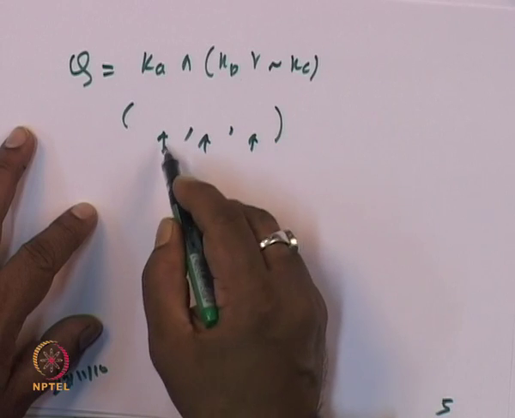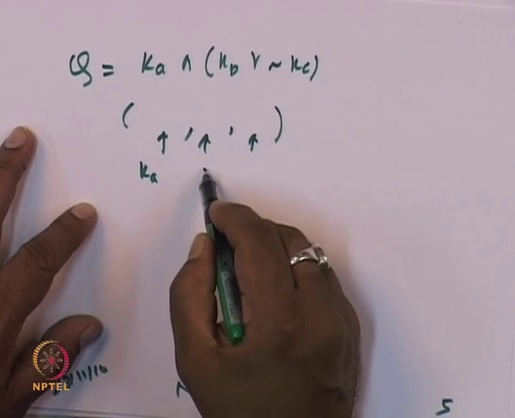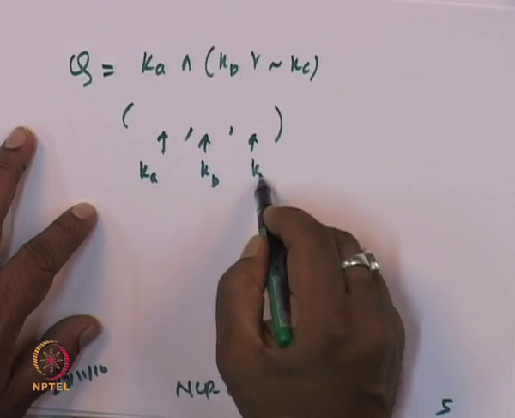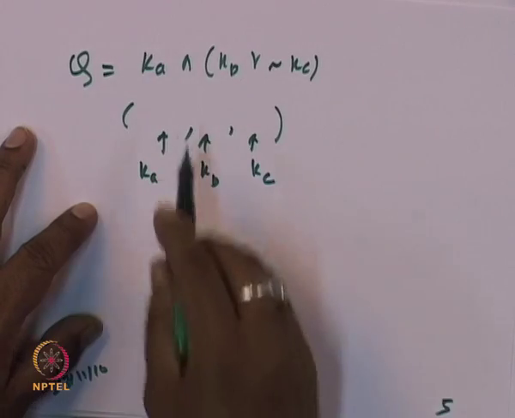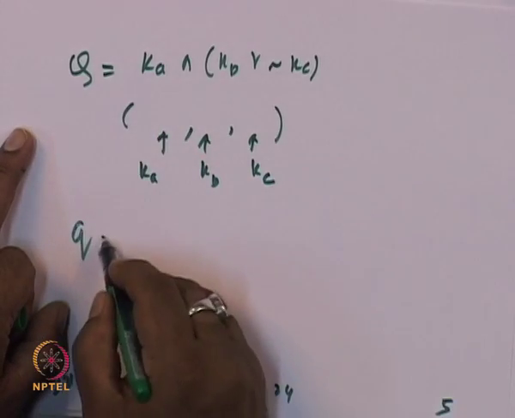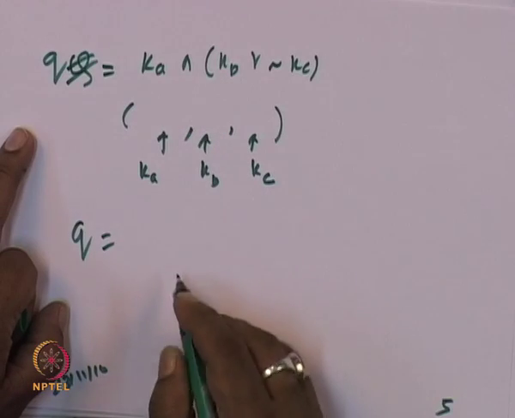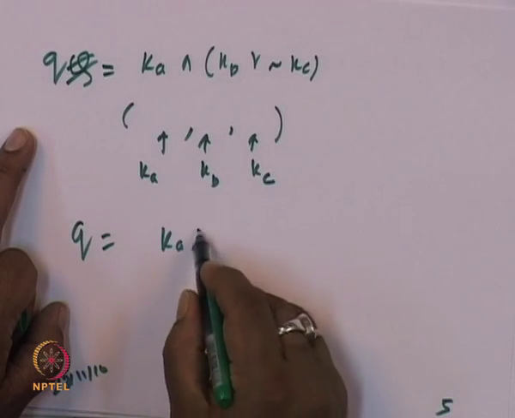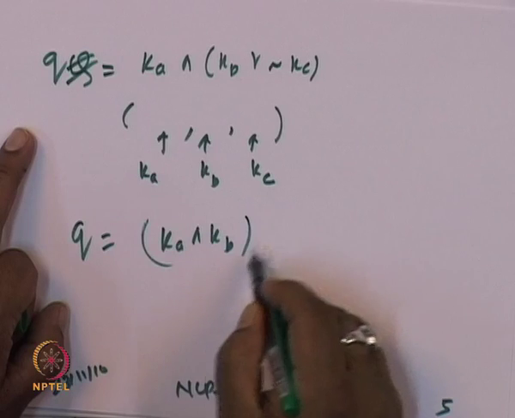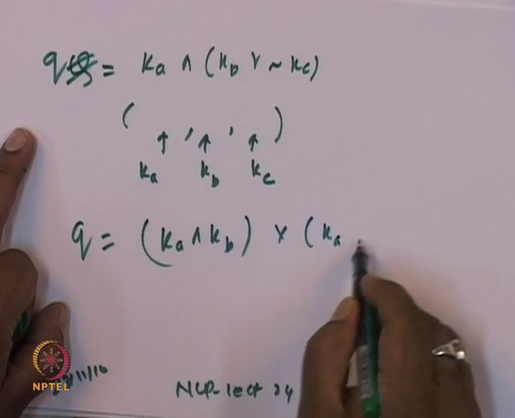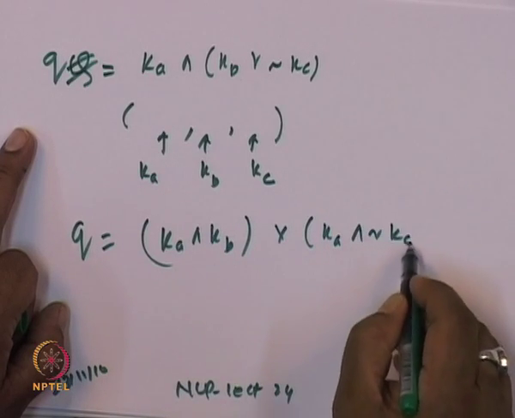So, this is the position of k A, this is the position of k B, this is the position of k C. Now, q can be written as k A and k B or k A and not k C.